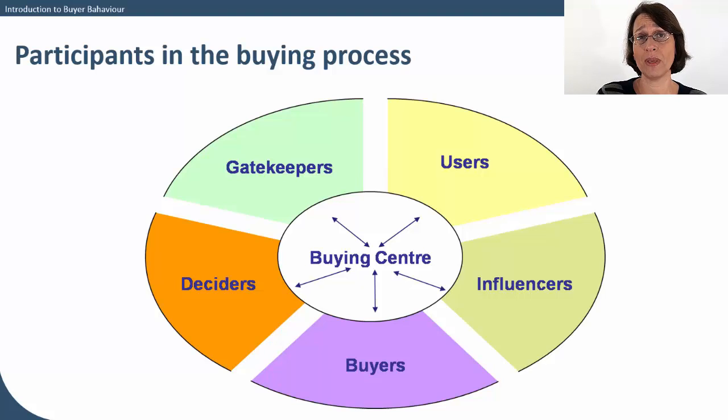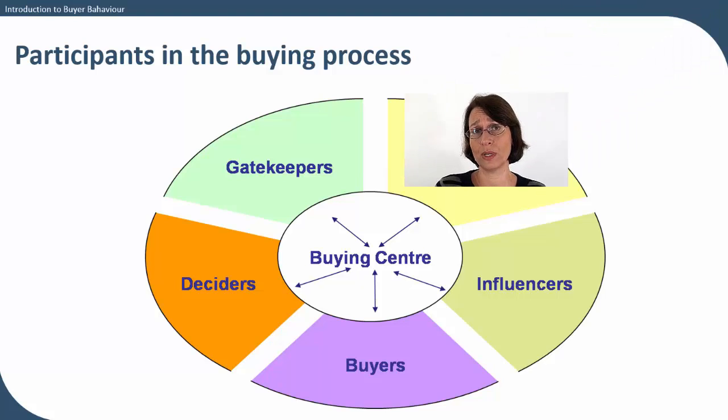The buyers might be a purchasing officer who places the order, and the users are actually the marketing department themselves. So in a small company, there might be 1 or 2 people in the buying process, and in a very large company, you could have 20 people in the buying process. Whatever it is, you need to know as a marketer, because you're going to need to influence that process.